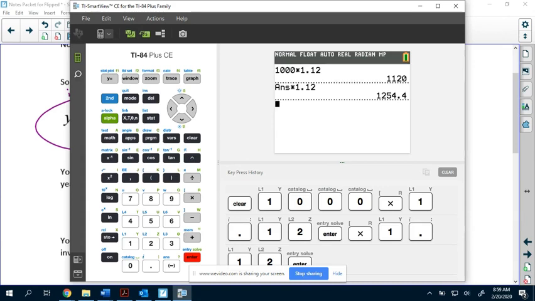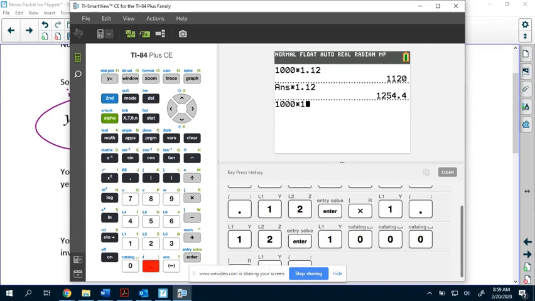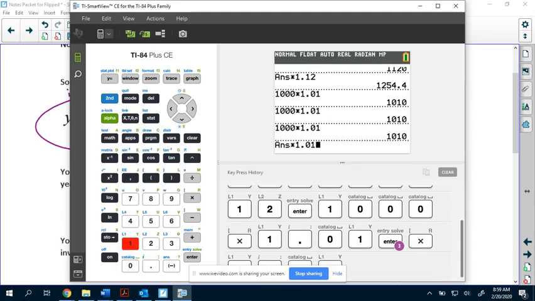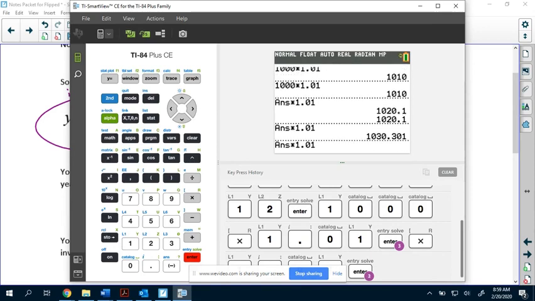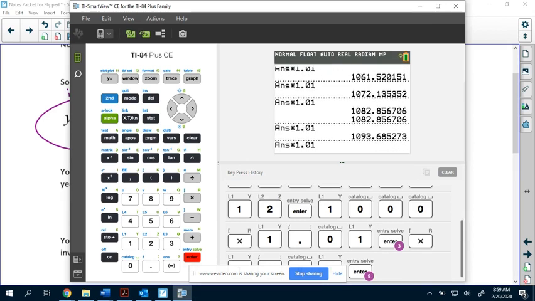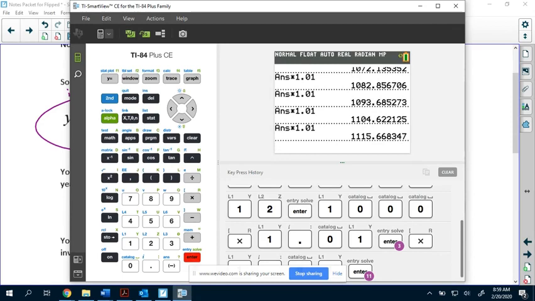Now, if you did the 1% every month, this would be, if you multiplied by 1.01, it would add 1% in. Now, if you did that 12 times, oh, sorry, that's totally not what I wanted to do. Here's the second month, third month, fourth month, fifth month, sixth month, seventh month, eighth month, ninth month, 10th month, 11th month, 12th month.